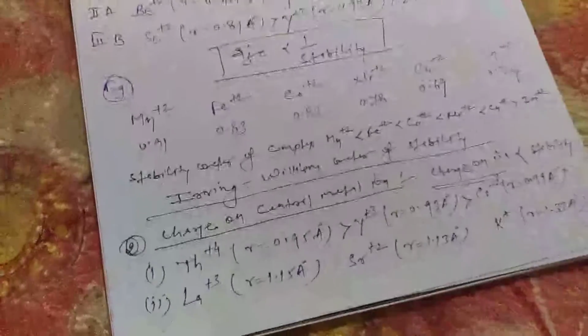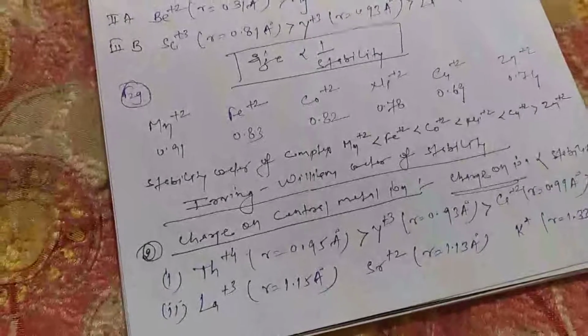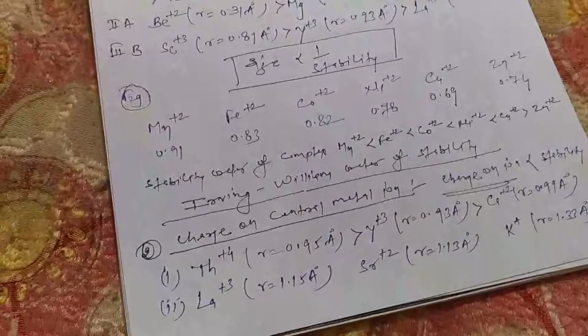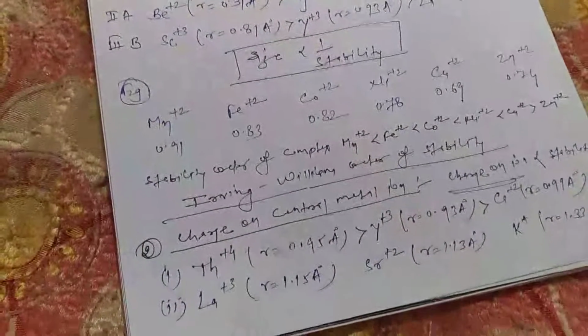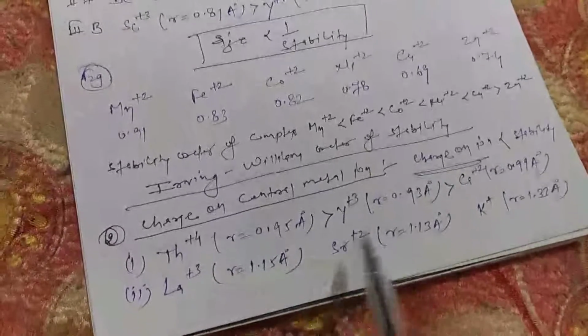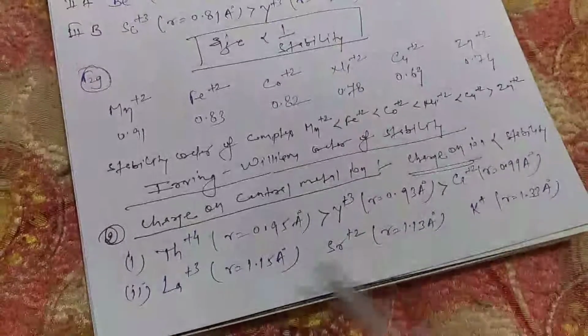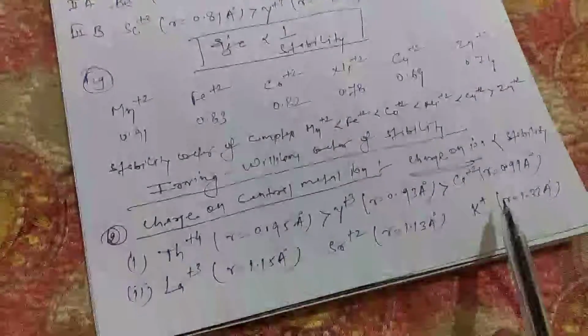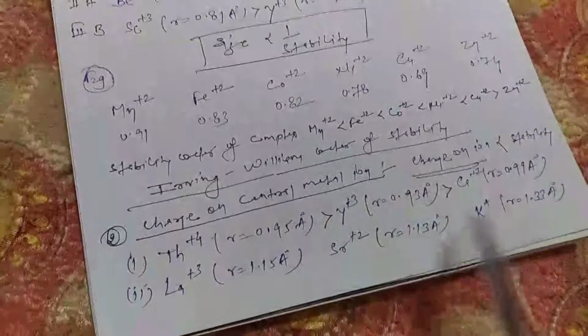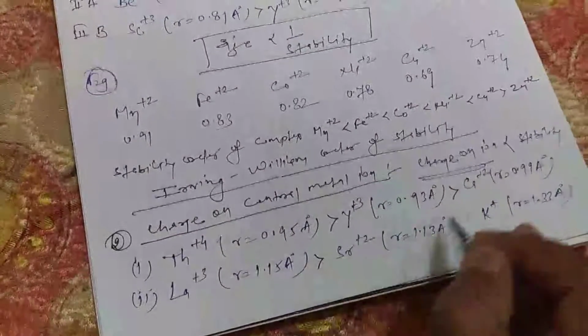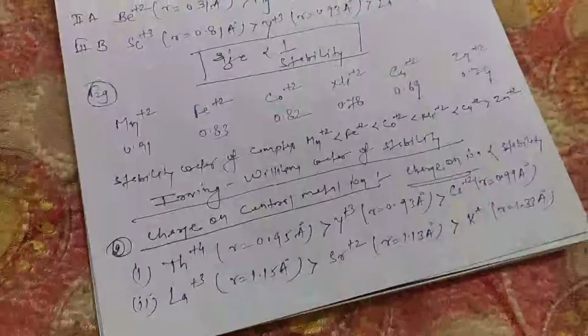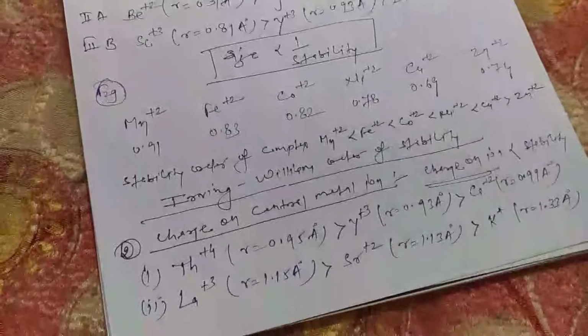Here I'm not talking about a particular group, I'm talking about those metal ions which have almost a similar size. As you can see, lanthanum plus 3, strontium plus 2, potassium plus have almost a similar size, although this is quite bigger. So here is the order: lanthanum plus 3 will form the more stable complex. Clear?